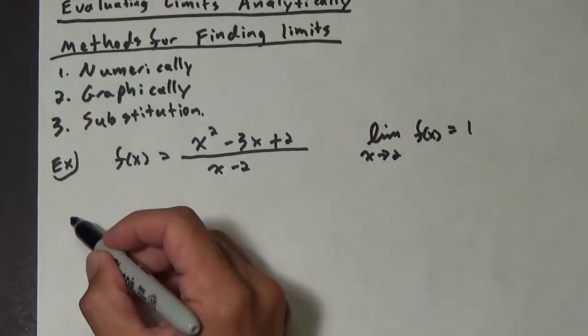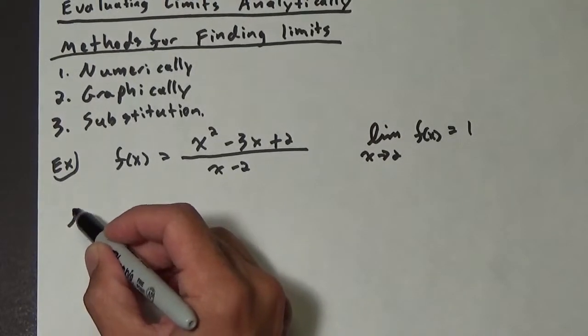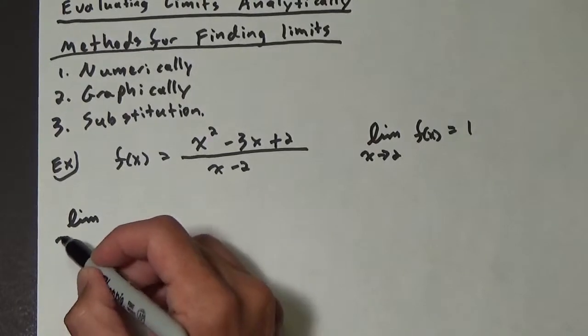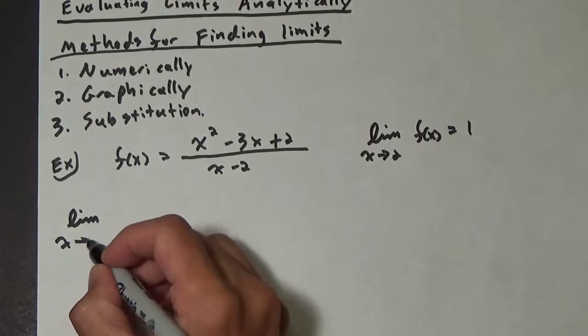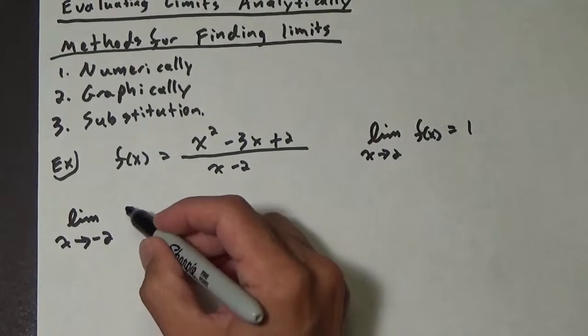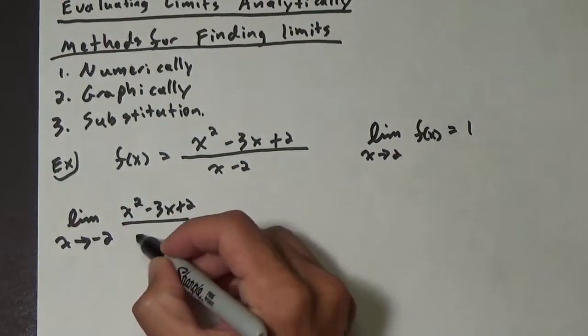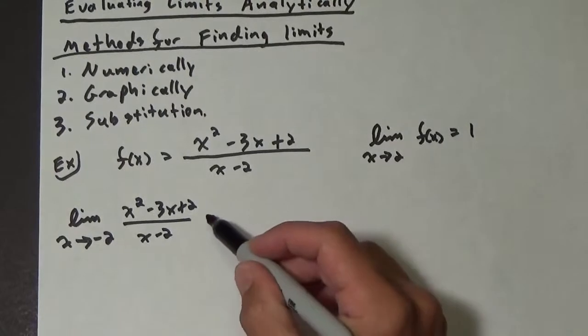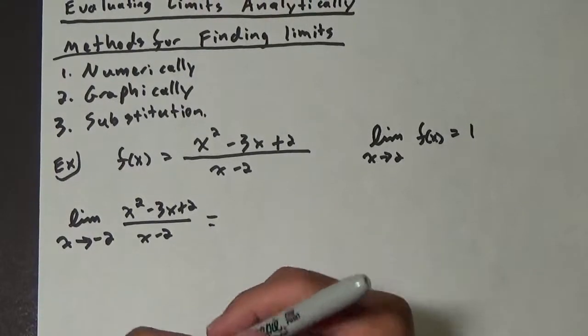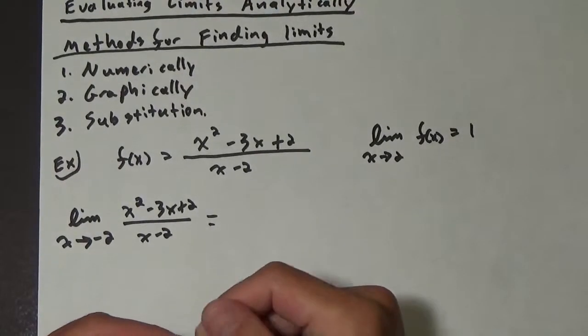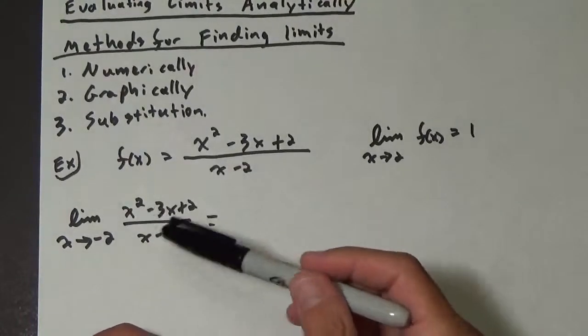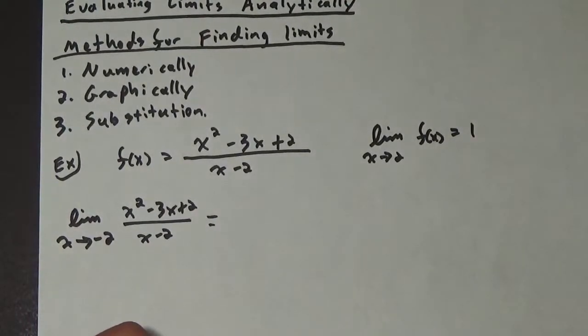Now let's look at, well, what is the limit as x approaches negative 2 of x squared minus 3x plus 2 all over x minus 2. Now in some ways this is kind of a trick question because at 2 we evaluated at x equals 2 and we found it indeterminate.